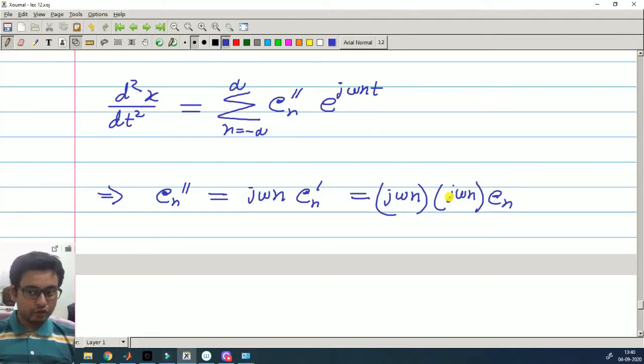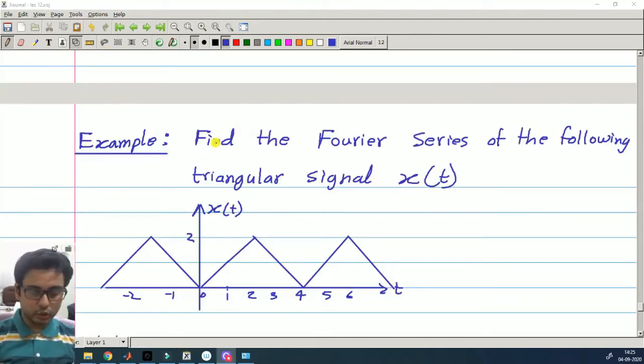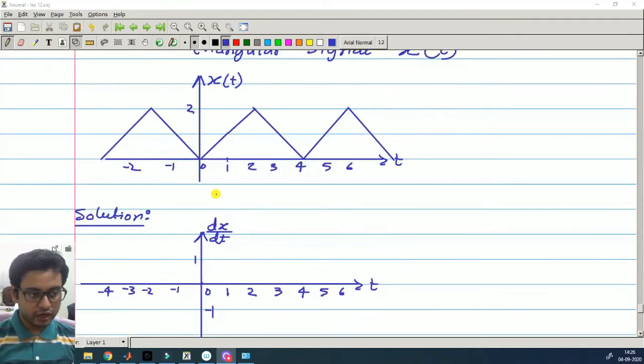Now let us solve an example problem using this relation between the Fourier coefficients of a function and its derivatives. So here is the question. We are given a triangular waveform and we have to find the Fourier series of this triangular signal x(t). The way we will do it is that we will first find the time derivative of this signal.